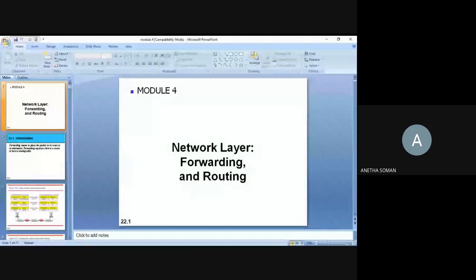Okay. Can you see the slides? Yes. Now, Karthik, just summarize what we have learned yesterday.